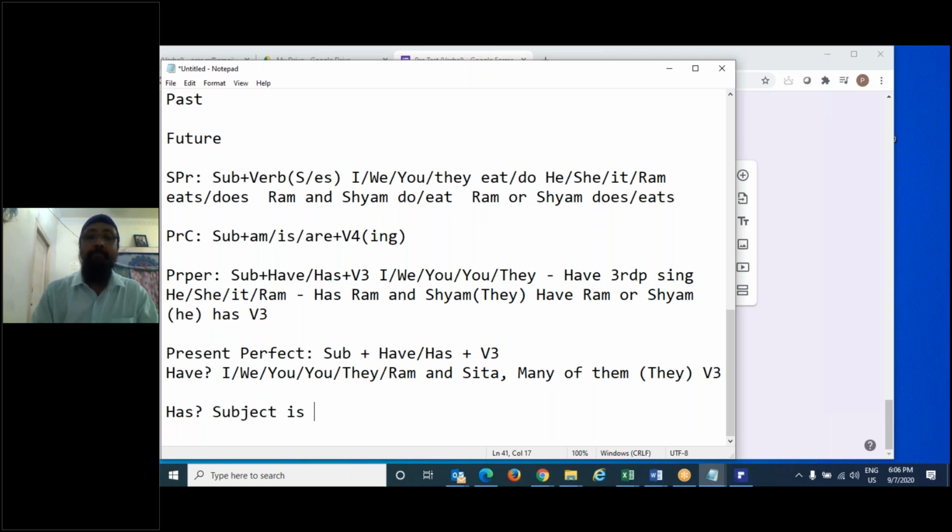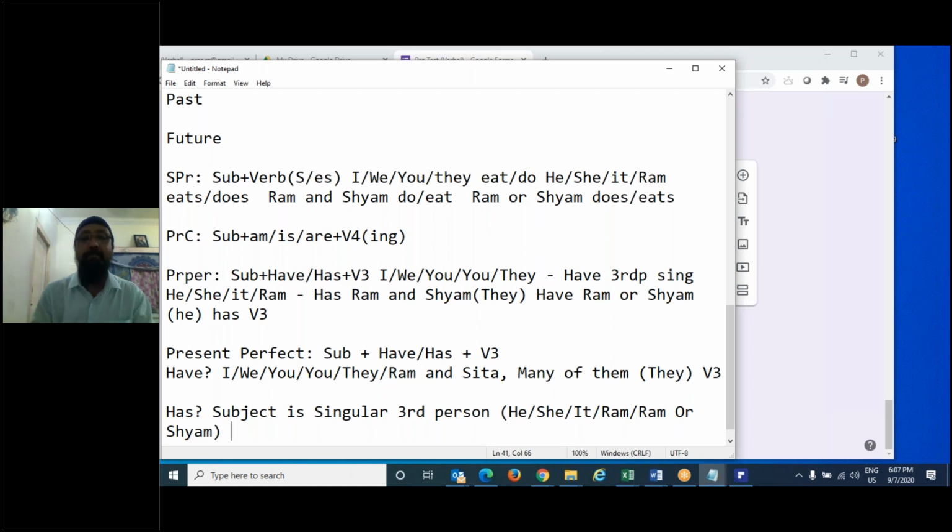However, has is something which we will use only if the subject is a singular third person, which is he, singular masculine, she, singular feminine, it, singular neutral, a singular noun, or referring to Ram. Also, when there are two subjects and we see in between them a conjunction like or, then they are considered to be singular third person.